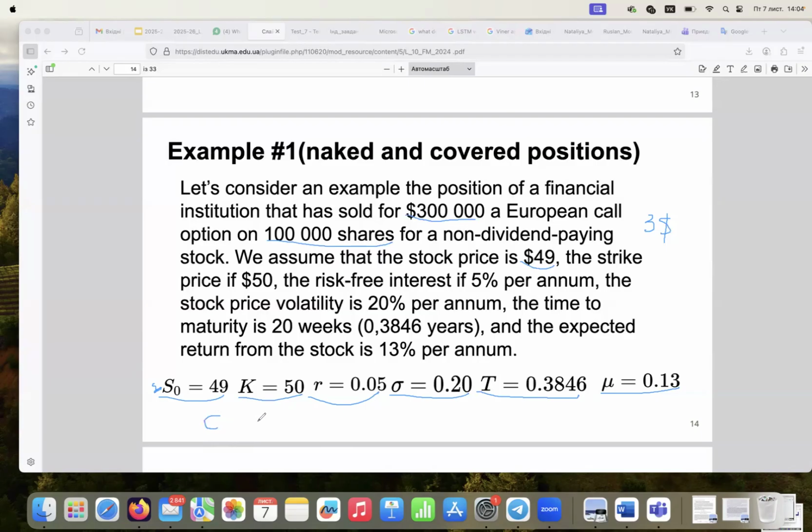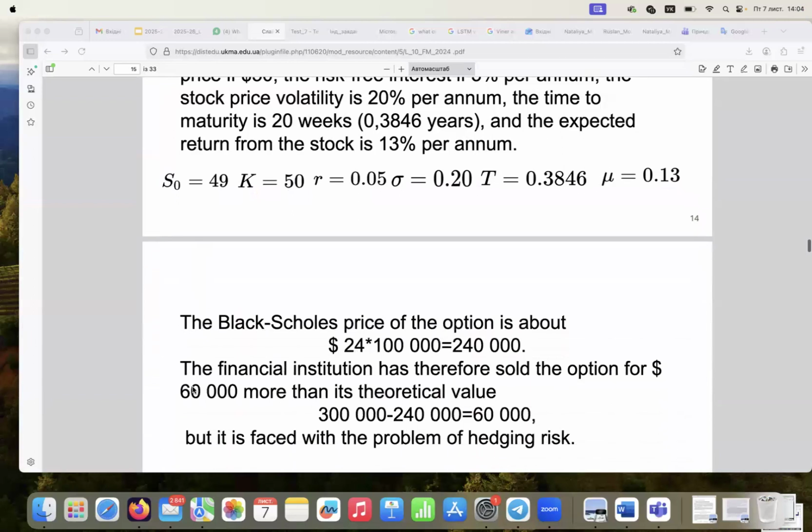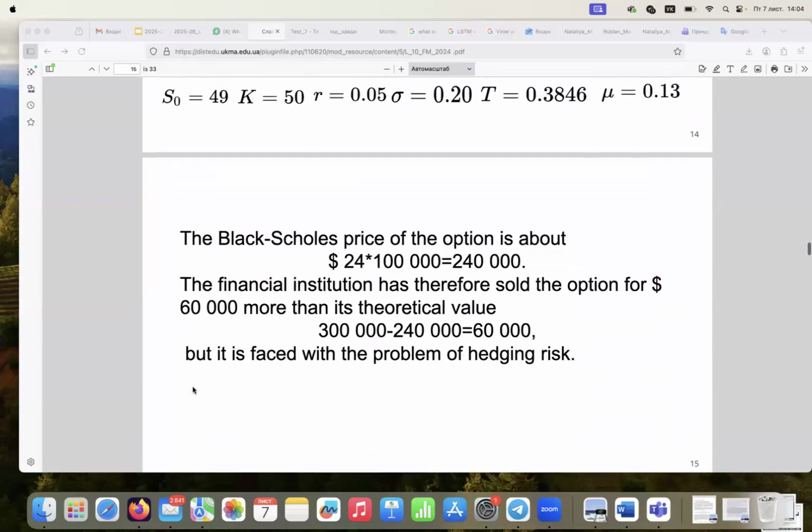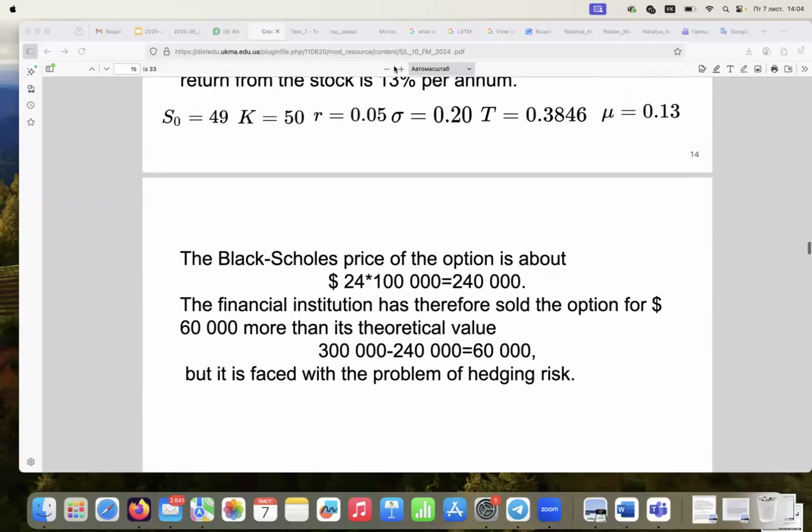So we can now open, for example, Python, and substitute all these parameters, and it should be the Black-Scholes price, 2.4.